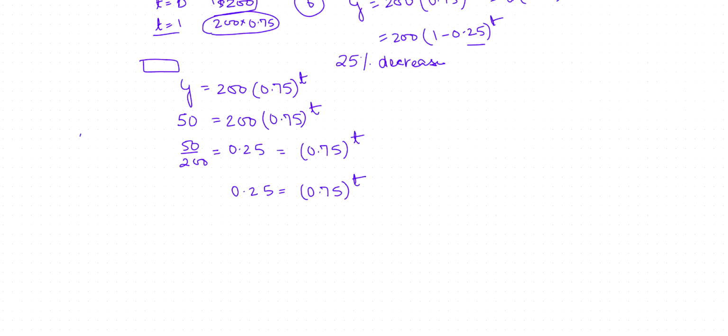So this will be log 0.25 and log 0.75^t, which gives t log 0.75, and this gives log 0.25.